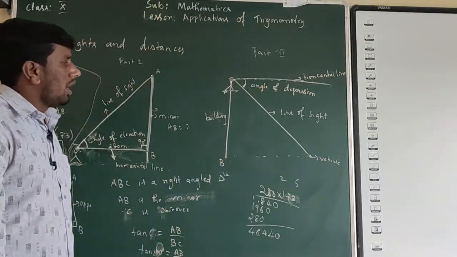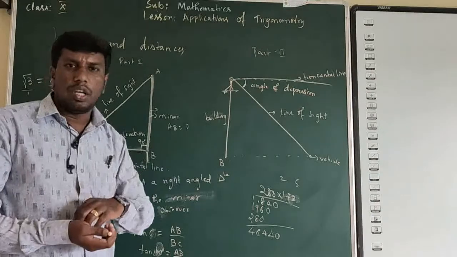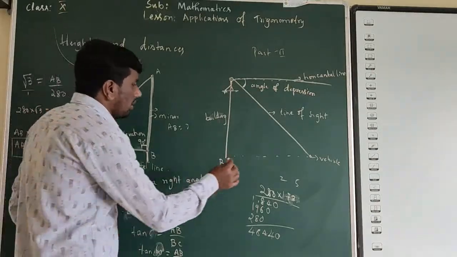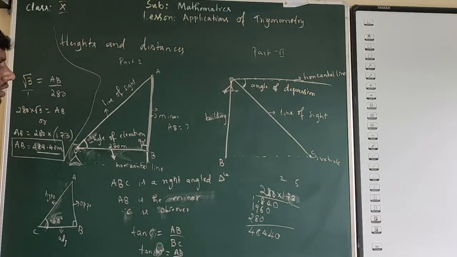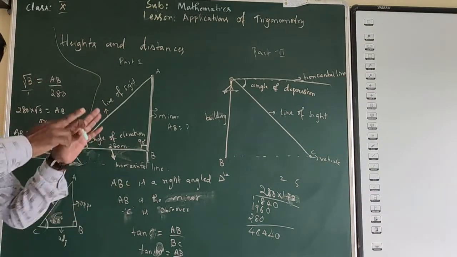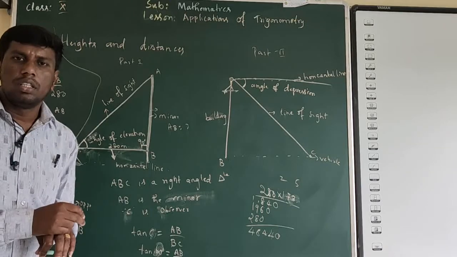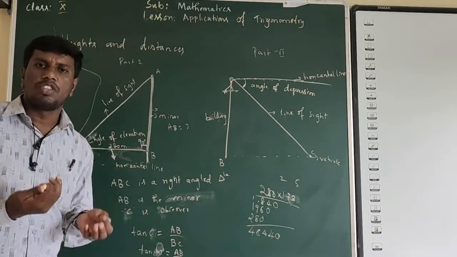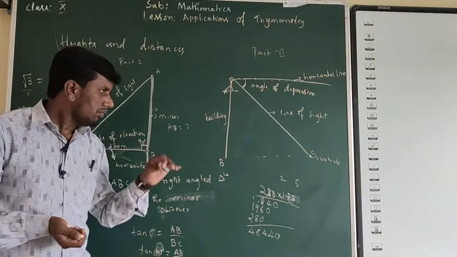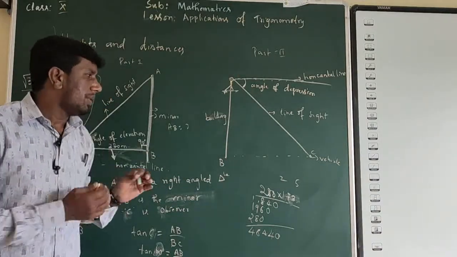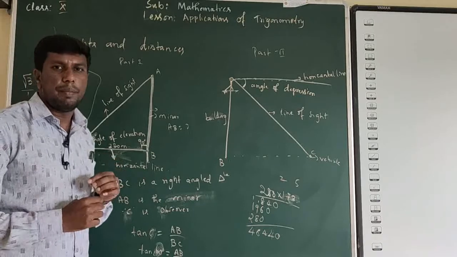Then we observe the observer, and we can take this as C. Then we can form a right angle triangle, apply the concepts of ratios, and find the distance of the object from the building.